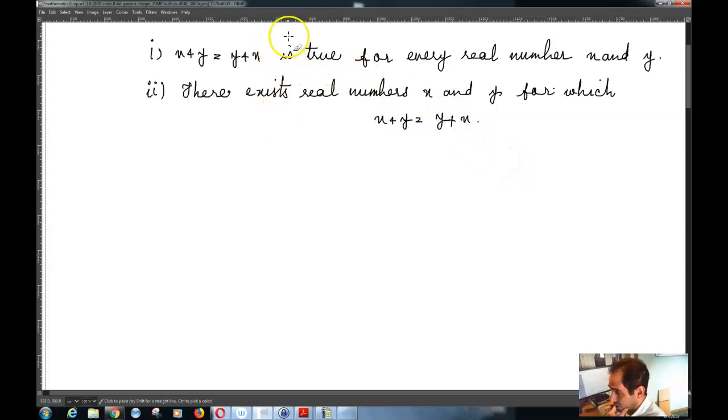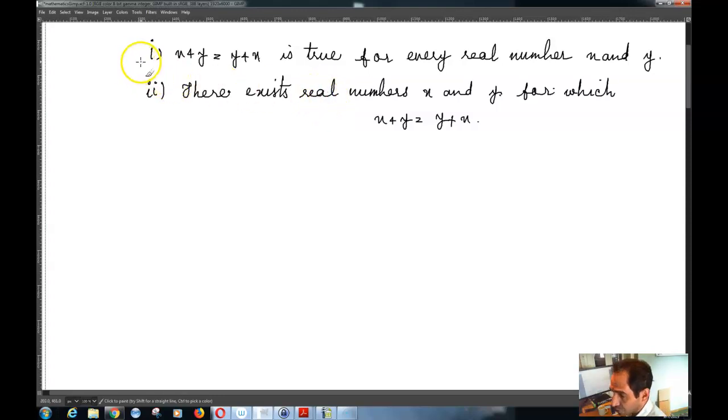Of course, these are not negations of one another. Over here we have said that x plus y is equal to y plus x is true for every real number x and y. And here we have said that there exist real numbers x and y for which x plus y is equal to y plus x. The two statements are not exactly the same thing, but they're not exactly the negations of one another either.